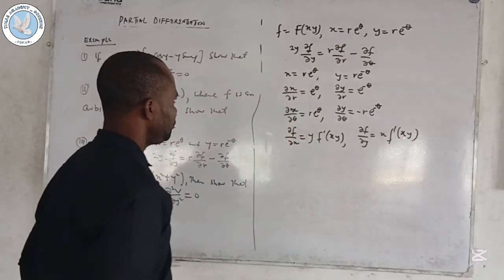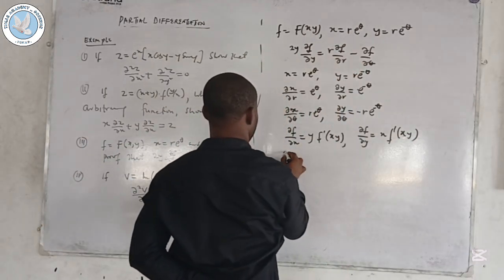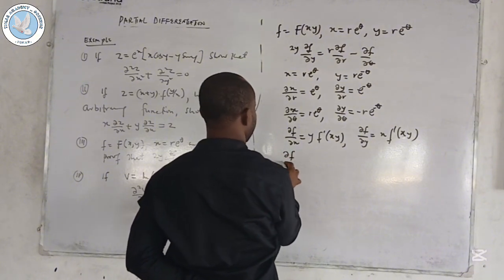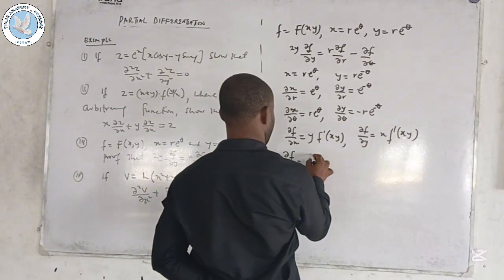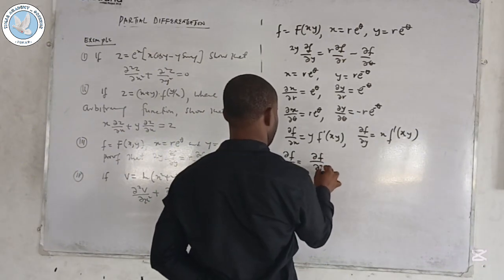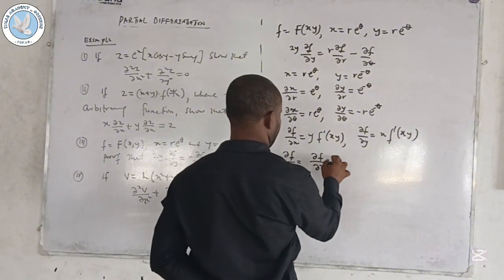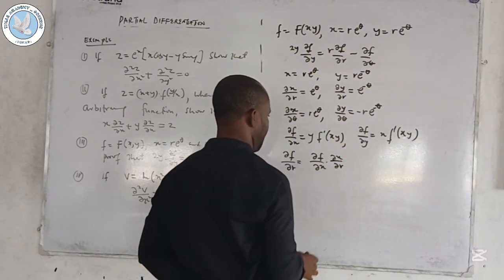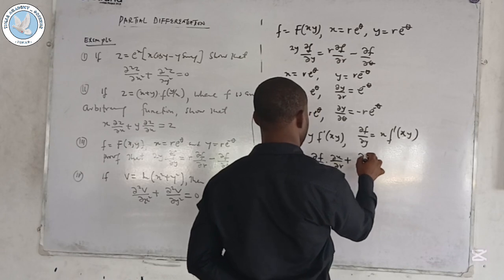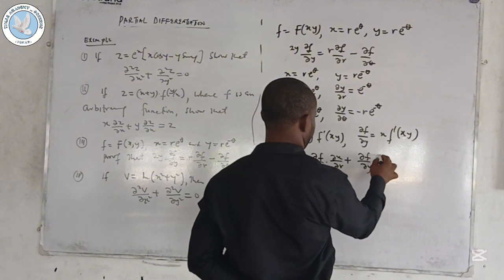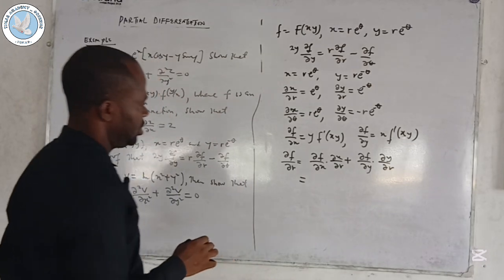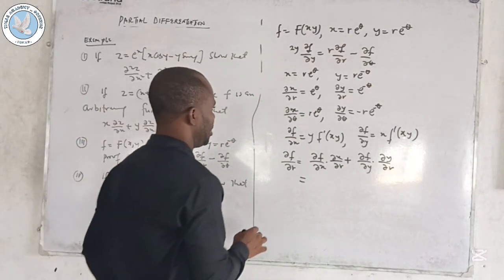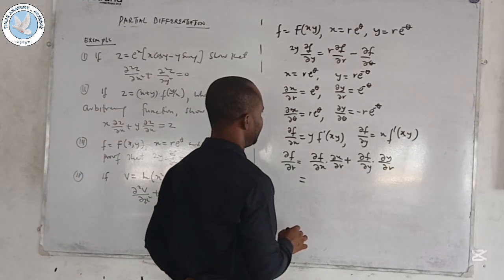So the f divided by the r is the same thing as the f, the x, the x, the r plus the f, the y, the y, the r. So we look at that and just substitute what we are having.